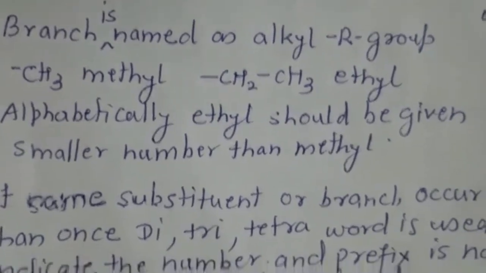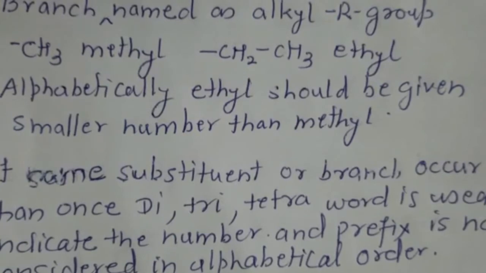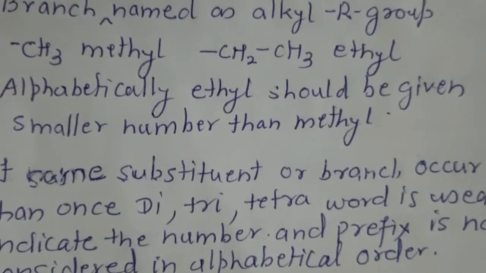And this di, tri, tetra term, which is used to indicate the number of the same substituent present on the principal chain, is not considered while considering the alphabetical order. Ethyl should be compared with methyl, not with dimethyl, whether it comes more than one time or not. So di, tri, tetra word should not be included while considering the alphabetical order of the substituent.